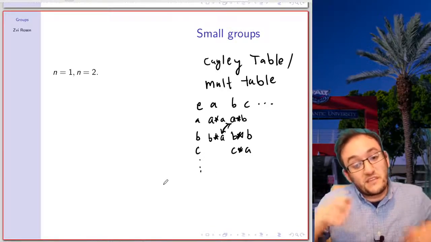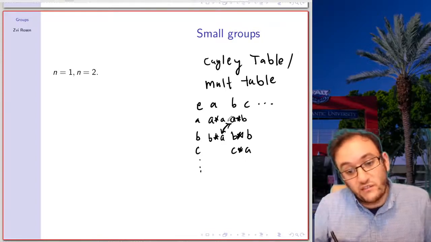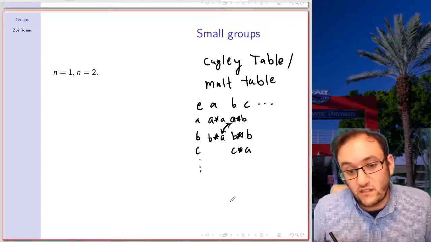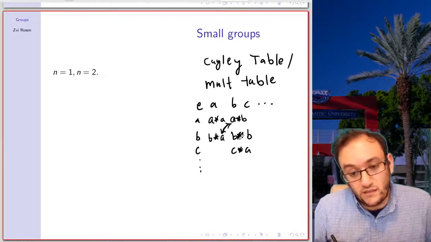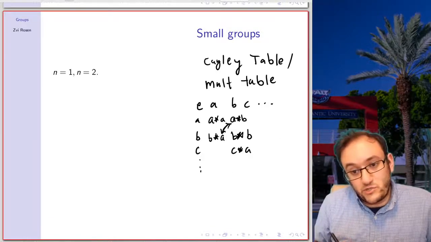So if your group is abelian, it'll reflect really nicely along the diagonal. But if it's not abelian, you'll get all sorts of different things in this matrix. You can have all sorts of asymmetries.